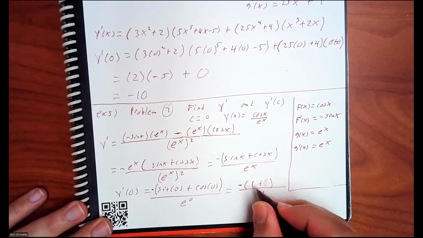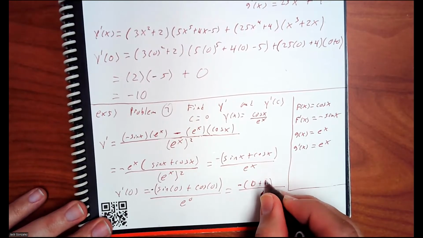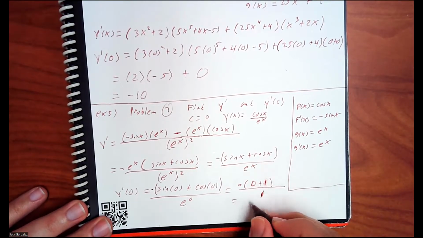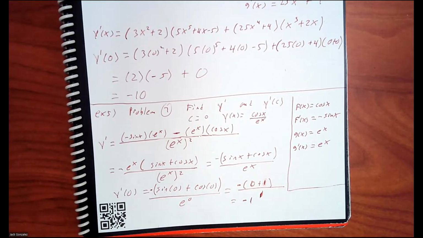Right. So the answer will be negative 1. That's 0 plus 1 over 1.